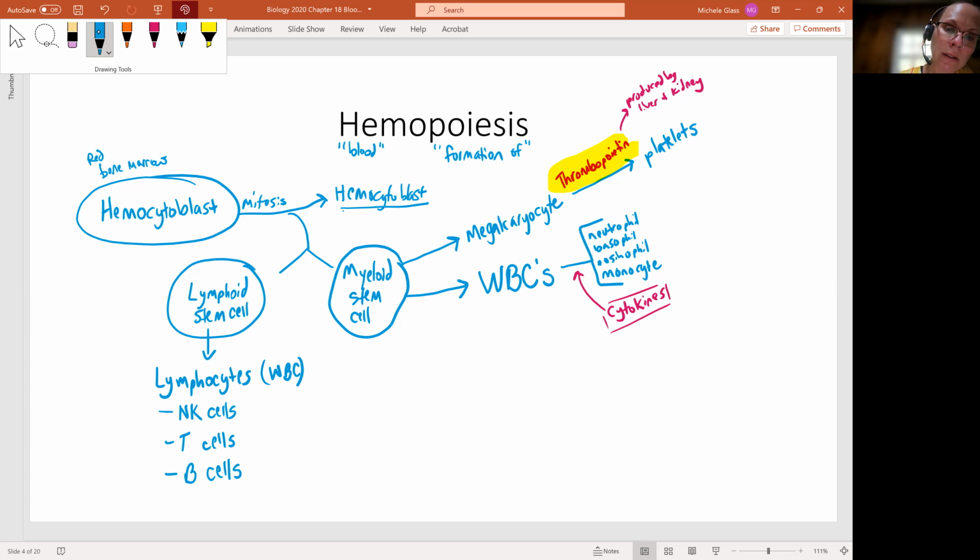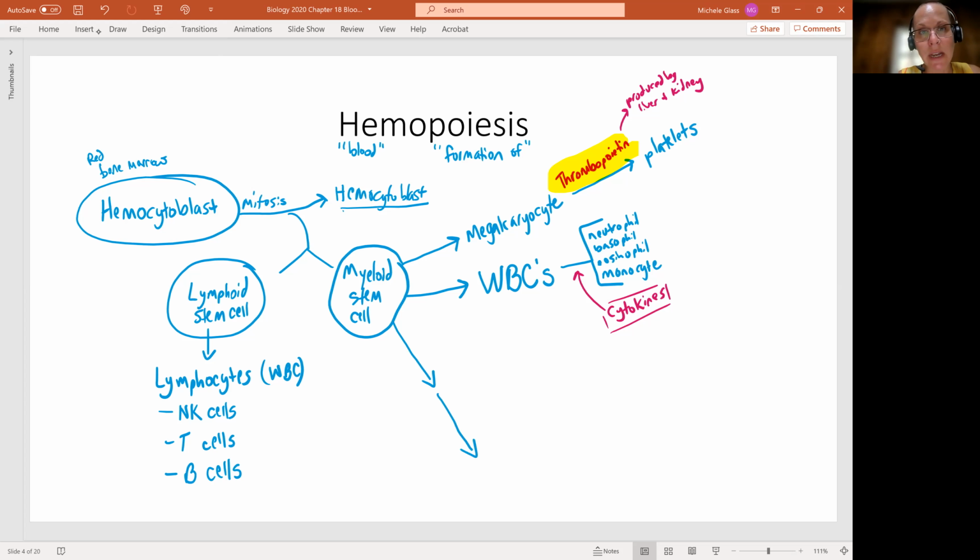And then the last type of cell that we'll get, and I'm going to show right here a few arrows because there's lots of steps, and I'm going to do those on a different screen, is the red blood cell. And this process of making a red blood cell has a name. It's called erythropoiesis.